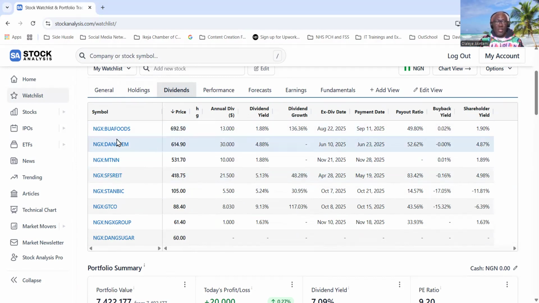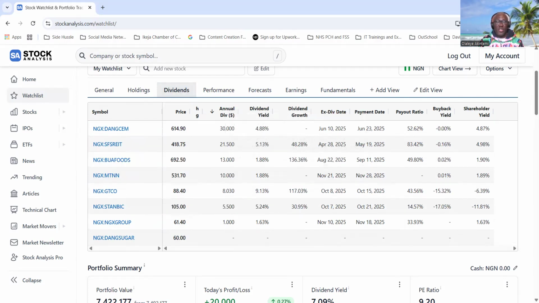You can see BUA Foods is the one with the highest share price per unit. And the last dividend that was paid on BUA Foods is 13 naira per unit. The dividend on Dangote Cement is 30 naira per unit. So the figure you are seeing here is the last dividend that was paid by each of these stocks.